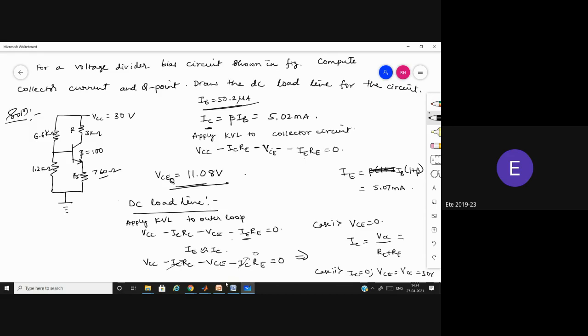So what is the value of IC? 5.02 milliamps. No, that is the quiescent current. This is the DC load line.